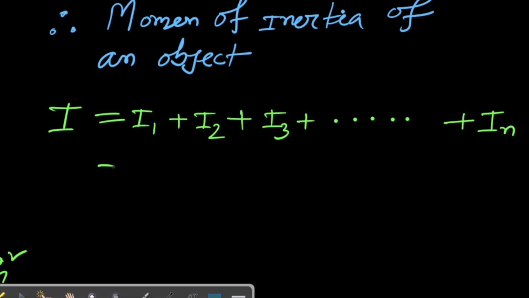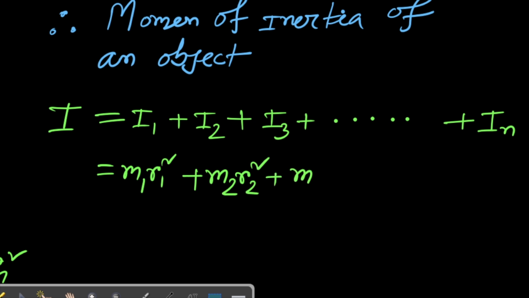So we can write here I equals m1 r1 squared plus m2 r2 squared plus m3 r3 squared, dot dot dot, plus mn rn squared.